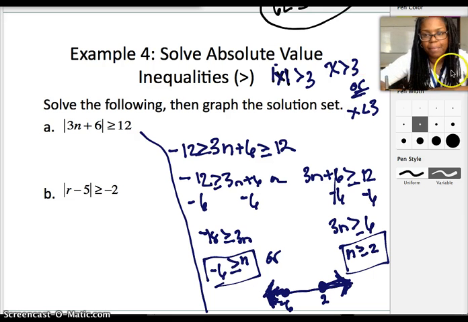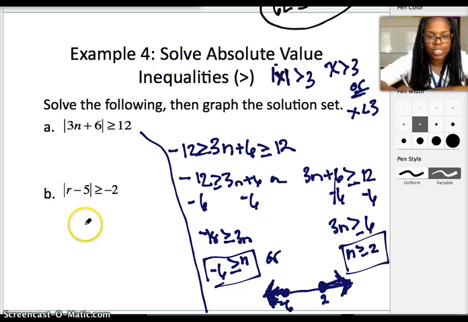Our final example, I'll do in red: the absolute value of r minus 5 is greater than or equal to -2. If you take a look at this carefully, you'll see that this is another kind of trivial case that doesn't tell us much, because the absolute value of something being greater than or equal to -2, pretty much everything is greater than or equal to -2 when we have the absolute value sign around it.